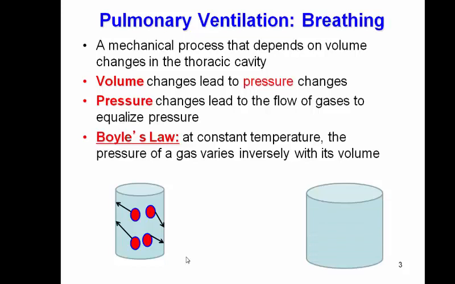Now if we take the same container and we stretch it out, doesn't matter which direction, but if we stretch it out and increase the internal surface area without adding any more molecules or losing molecules, so we have the same number of molecules in there, those molecules will still collectively hit the sides of the container, but because it'll take a longer time to hit the container, the overall pressure will decrease.